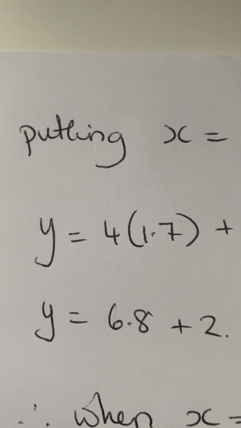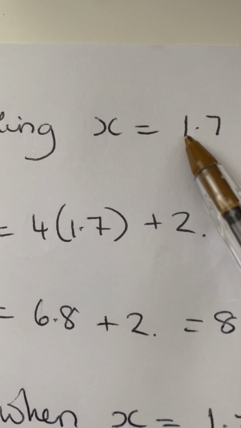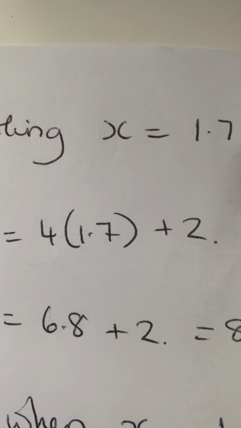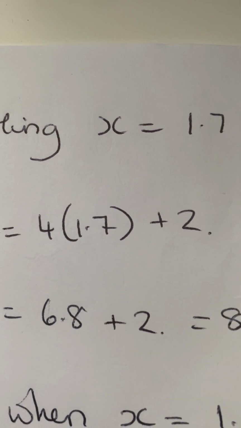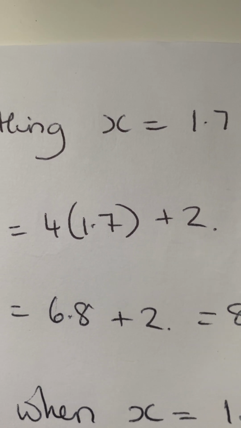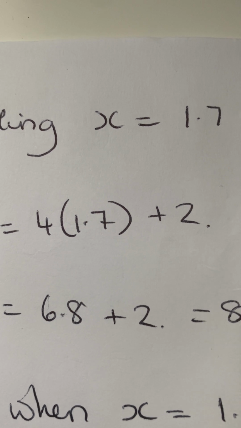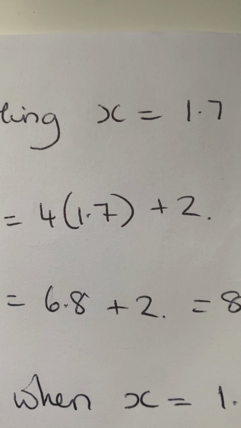Okay, but I just want to go a little bit further. Assuming they ask you to leave your answer as coordinates, then you have x, the first one, as 1.7. Or if you had drawn a curve and a straight line, you would get the x values as 1.7 and minus 0.4, as we just found.